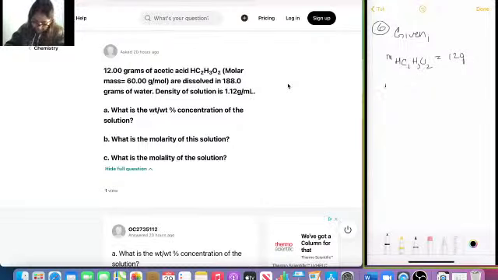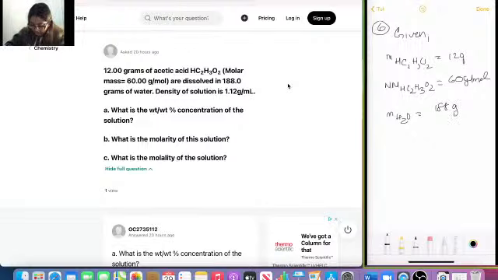The molar mass of acetic acid is 60 grams per mole, dissolved in, and then we're given the mass of water, which is 188 grams.